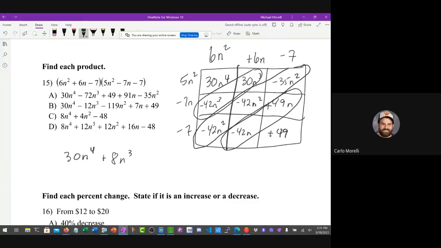Did I do that wrong? Negative 84 minus 35. Is that negative 105n? Do something wrong here?